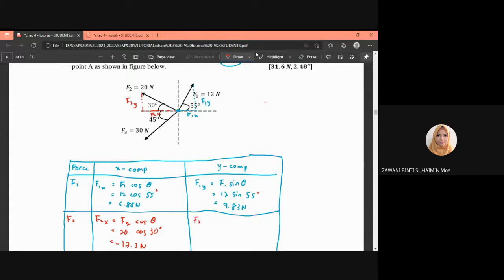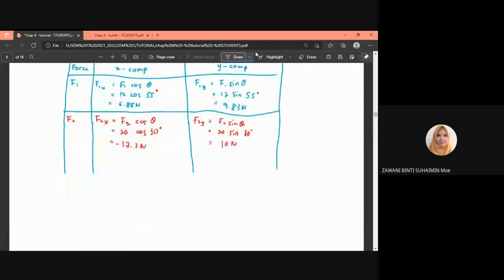So F2 in Y component adalah F2 sin theta. Okay, so F2 20 sin 30. Okay, tekan calculator. Saya dapat 10. Okay, 10 Newton. Okay, so kita tengok F2Y tu dia ke atas. Okay, ini ke atas, menghala ke atas. So maksudnya dia lebih kepada arah positif lah. So biar positif kat situ.